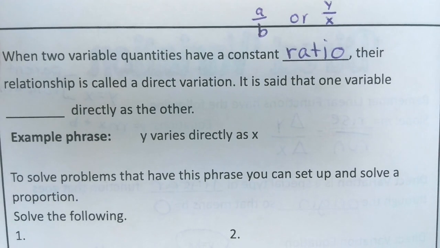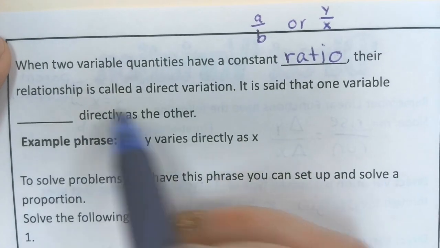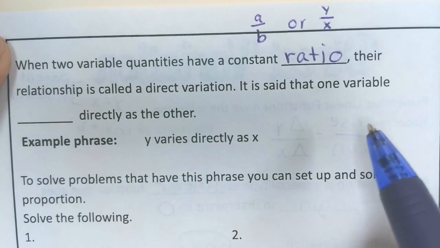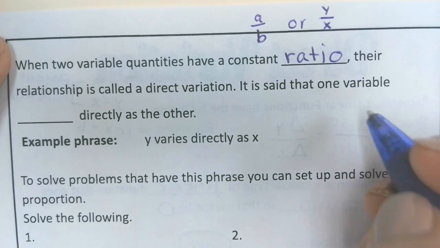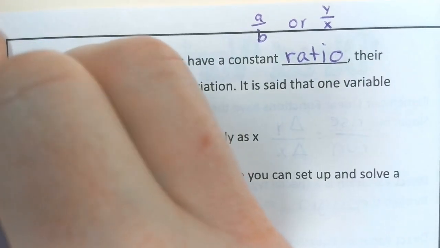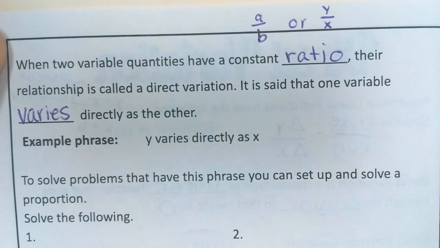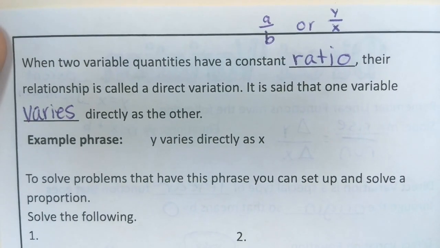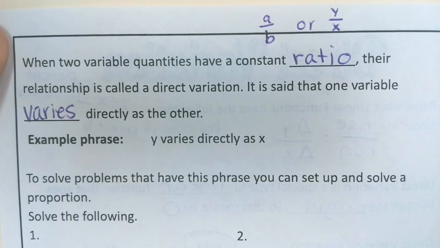When they have a common ratio, the relationship is called direct variation. It is said that one variable varies directly as the other. So the commonly used phrase is y varies directly as x.